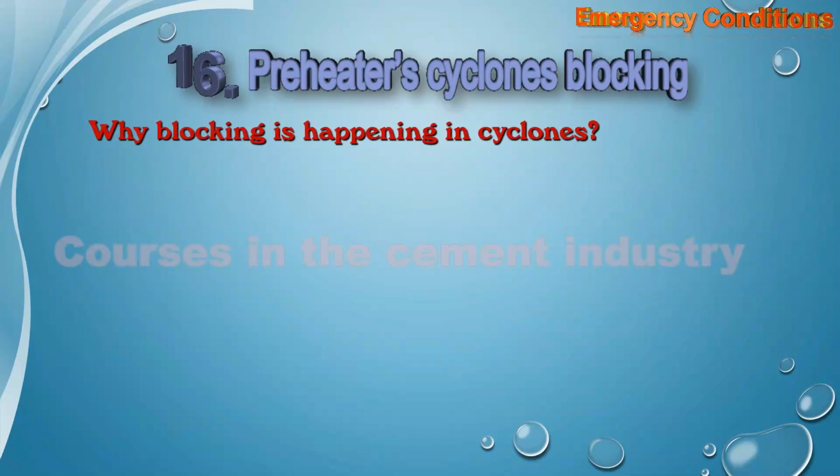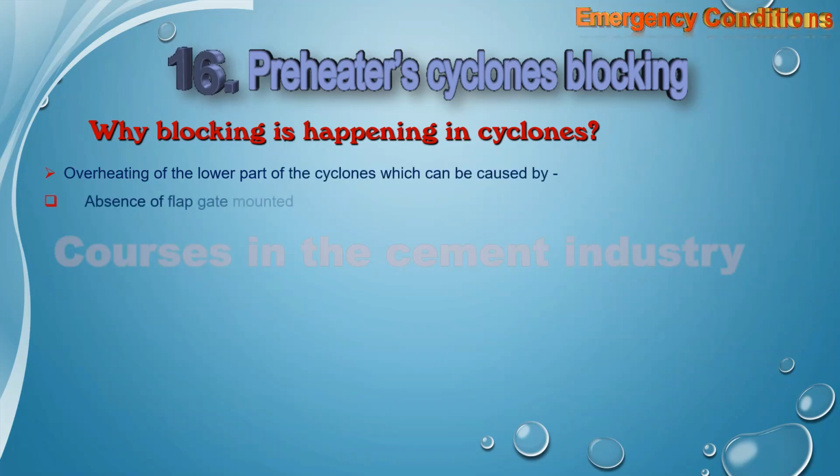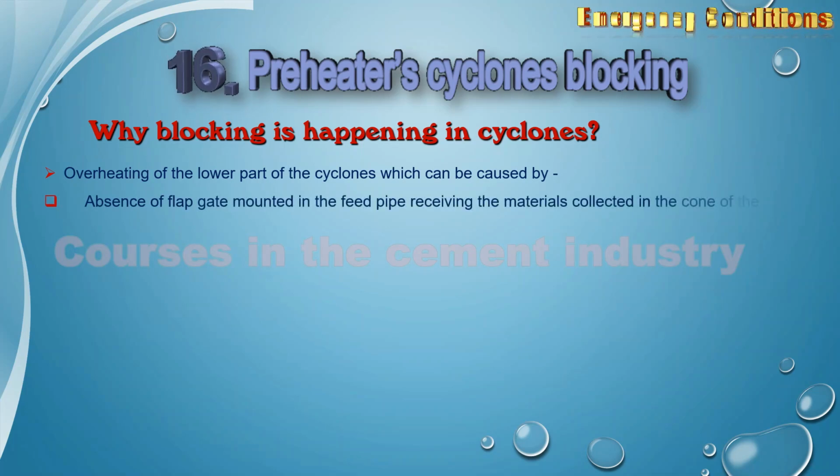Why is blocking happening in cyclones? 1. Overheating of the lower part of the cyclones, which can be caused by: a. Absence of a flap gate mounted in the feed pipe receiving the materials collected in the cone of the cyclone. b.